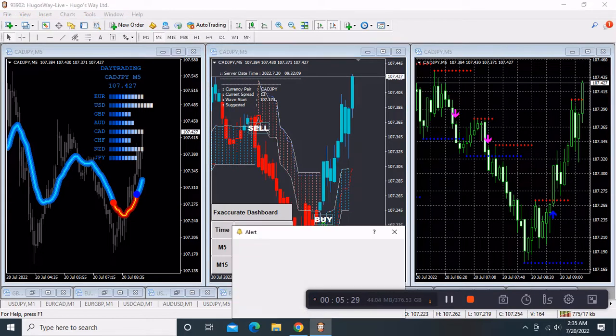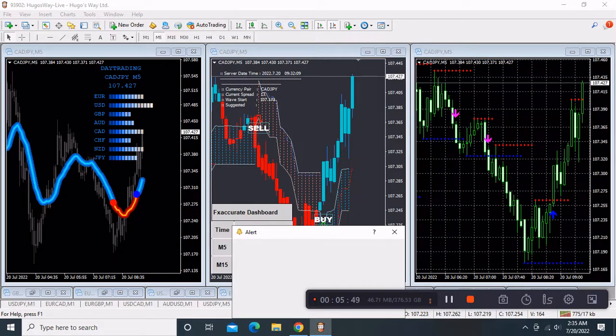If you're drawing your support lines on your TradingView correctly, they will measure right up with the trend lines that this system gives.